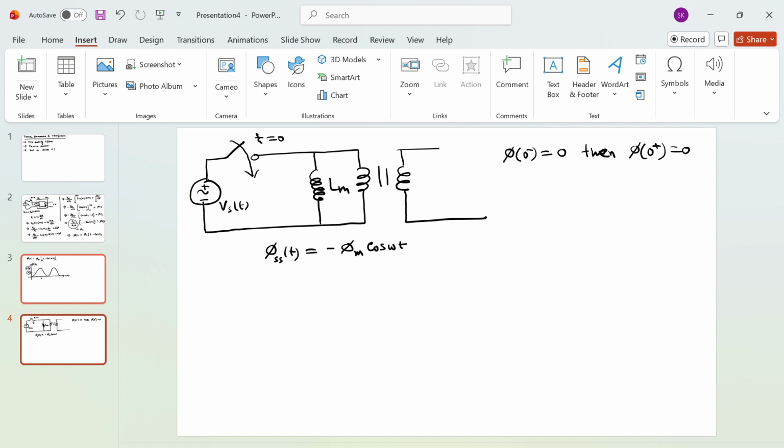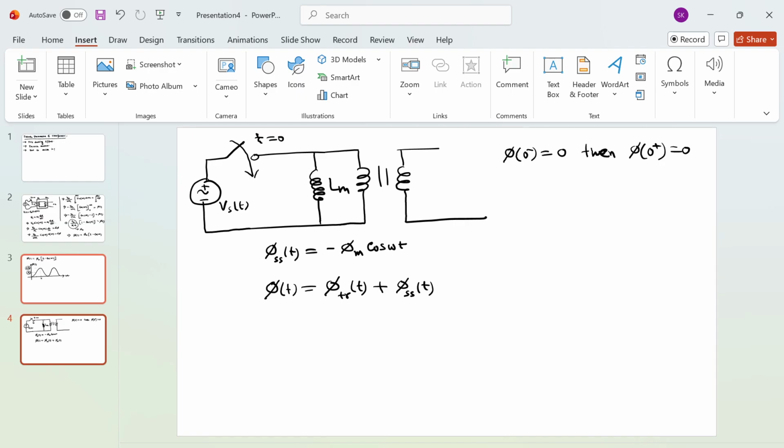Okay, this is my steady state flux of the core. Now the moment you close the switch, this entire system gives a response. The overall flux phi of t will have two components: a transient component and a steady state component.